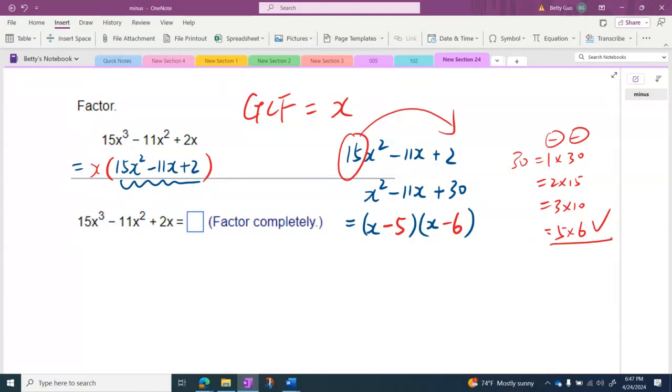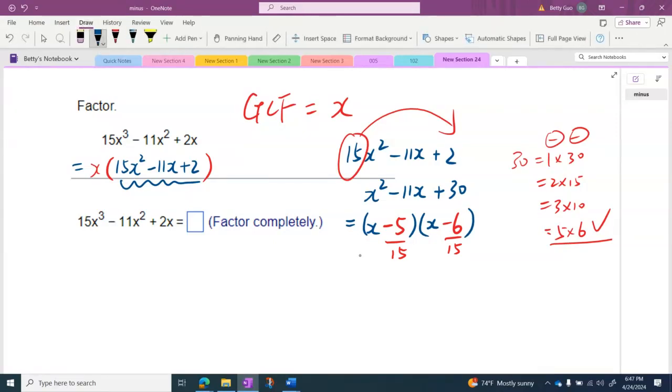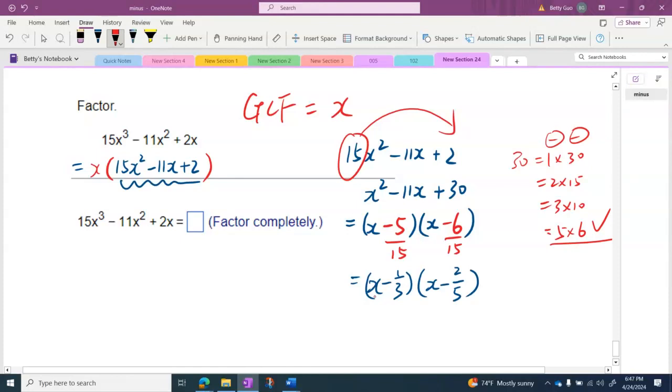And then divide. Divide the two red numbers by the original leading coefficient. And then simplify. Negative 5 over 15, 1/3. Negative 6 over 15, 2/5. All right. And then we can slide it back.